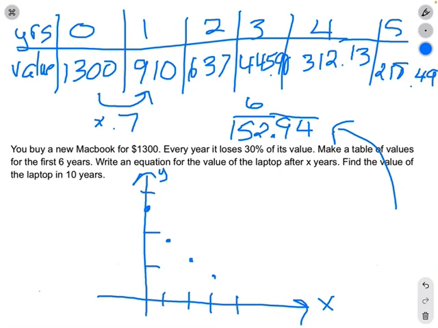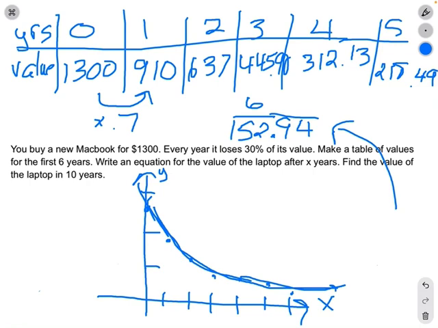And then 312. And then 218. And then 152. So you can see that it's kind of going to flatten out over time. Yeah, so it has that curve that we're used to seeing for exponential functions.